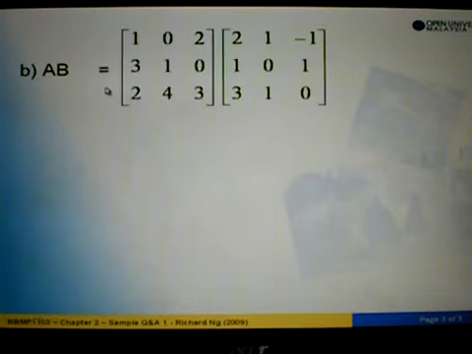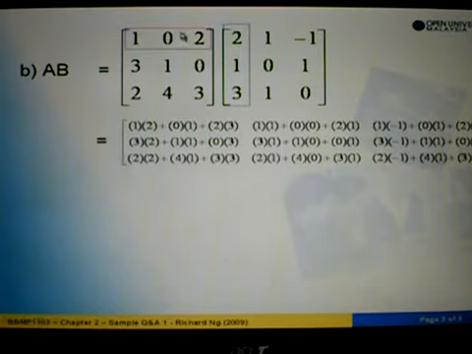Okay. So next we are asked to find A times B. In multiplication, remember we have to use row in the first matrix times column in the second matrix. In this example, we have 1 times 2. Follow the arrangement: first element times the first element, then 0 times 1, followed by 2 times 3.